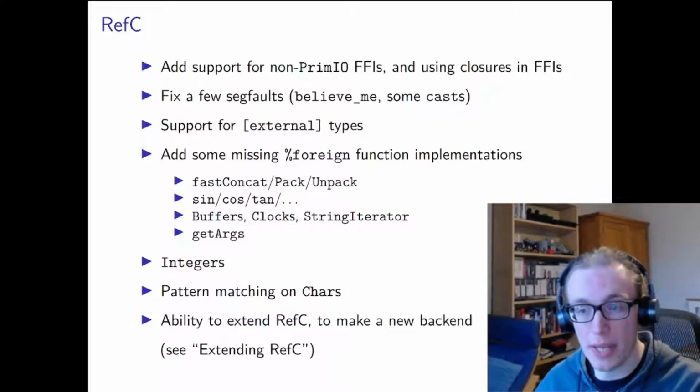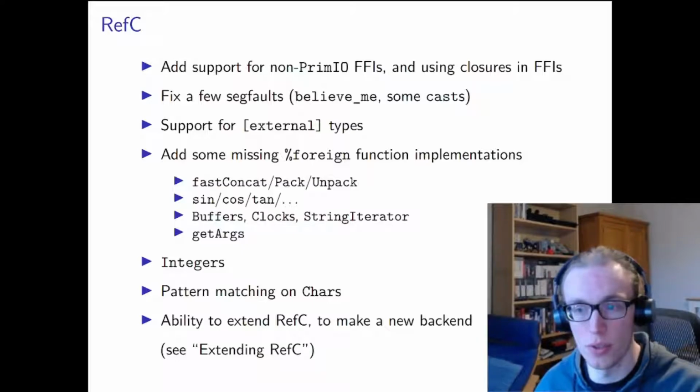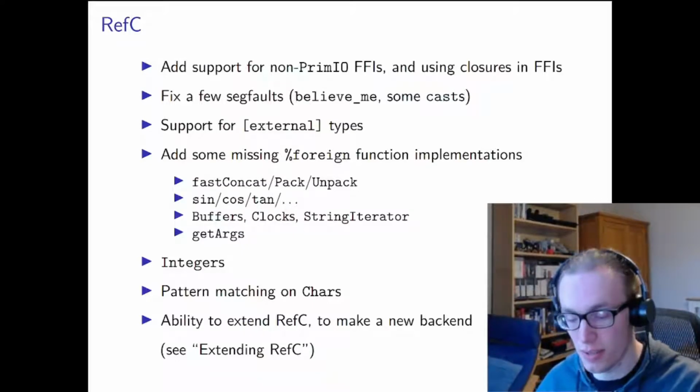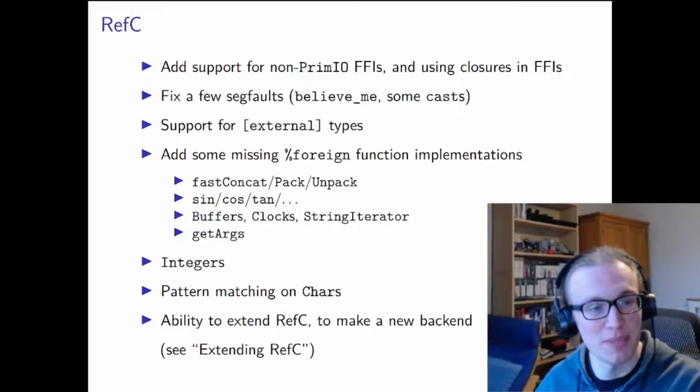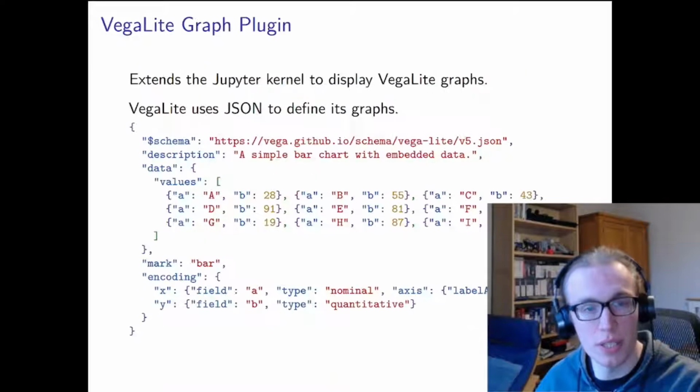This means that we could actually then put Idris on PyPI, which means that you could just do pip install Idris and have that work. So that would be another option for the package manager wars that's going on at the moment. So that's it for Refc, and by that for the Jupyter kernel.